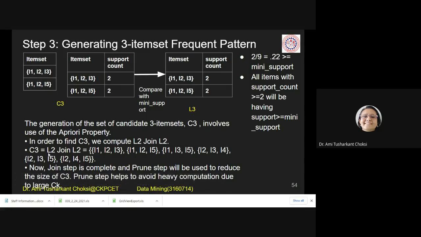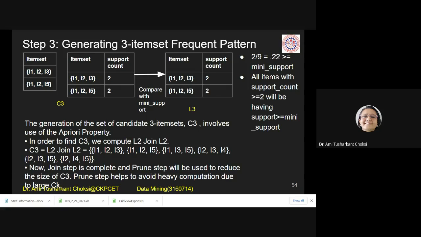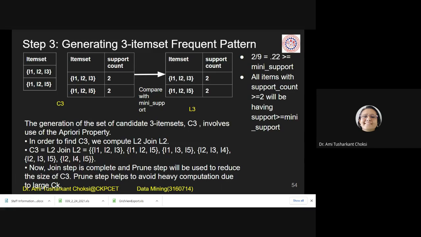Now, C3 is equal to L2 join L2, the way we are doing it. We can have many items in it: I1, I2, I3; I1, I2, I5; I1, I3, I5; I2, I3, I4; I2, I3, I5; I2, I4, I5. But the Apriori property must be satisfied.